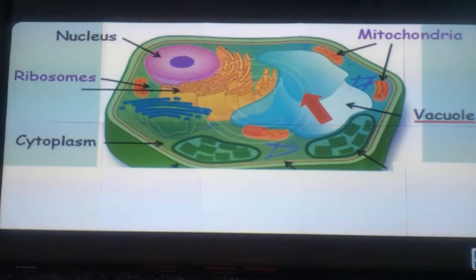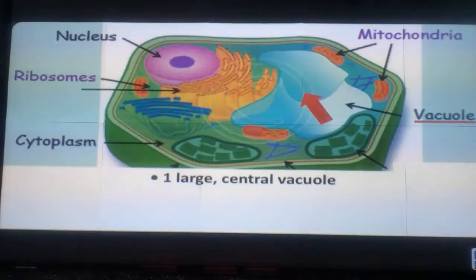The first one, the vacuole is much larger. There's one large central vacuole. There are some smaller vacuoles inside a plant cell, but mostly the vacuole is this one large vacuole in the middle of the plant cell.